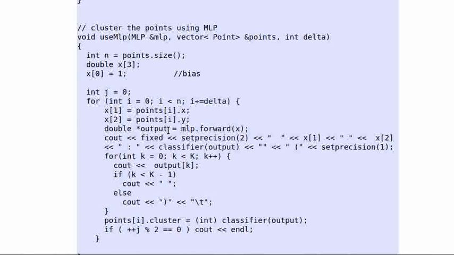And then this statement classifier output will give us the actual cluster number. And we assign this to the point I.cluster. So that means we cluster the point to the correct cluster number.